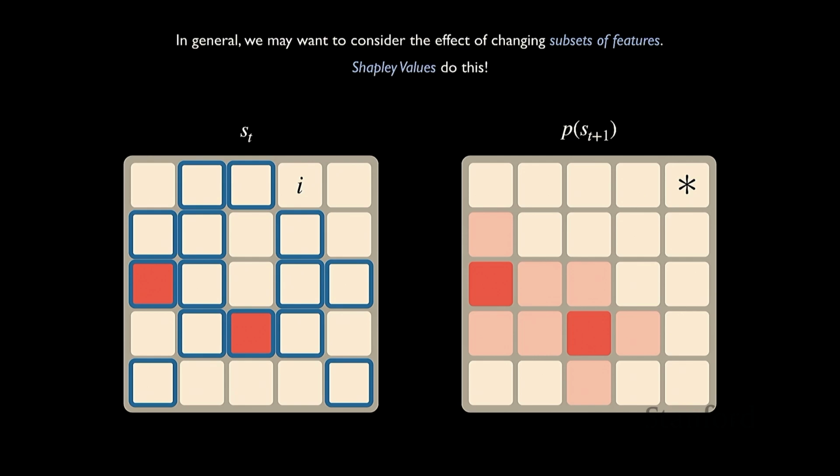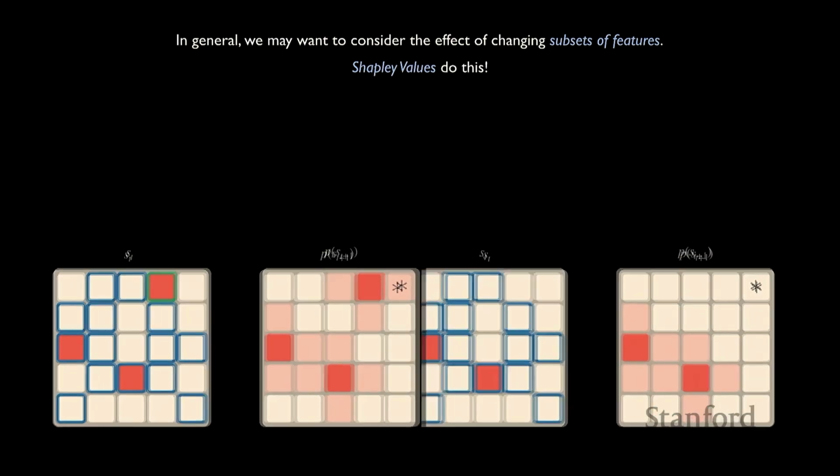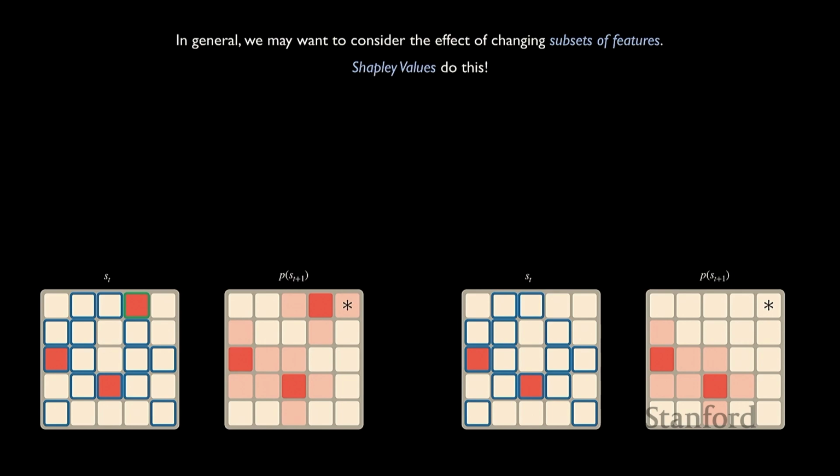Then we're going to repeat this exact same process, except we're going to fix this cell to what its original feature value was. So we're going to fix cell i, add that to the subset of cells that's fixed. So it's back to burning, and now we have this 0.3 probability. Then we're going to look at the difference between these two scenarios. Basically we have this subset where this value was fixed to its original value, and then we have this subset where we let this value be randomly sampled.